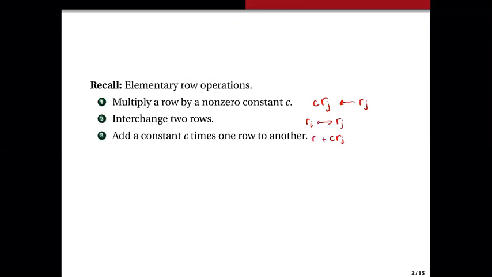So you have row I plus C times row J, and this can replace row I. So I hope you remember these three.